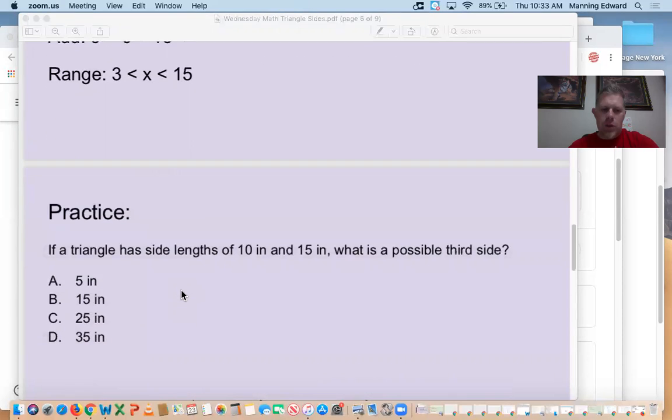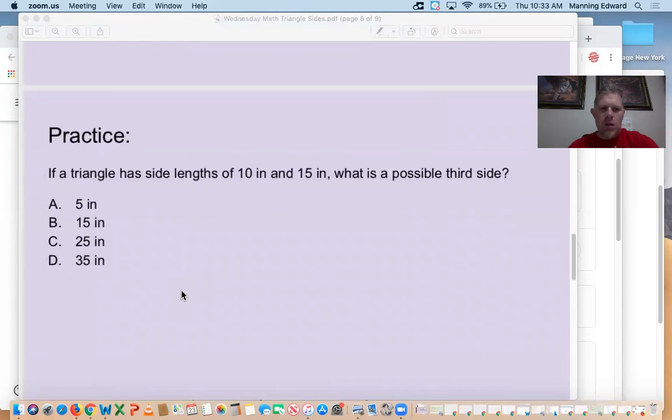All right, let's practice. If a triangle has side lengths of 10 and 15, what is the possible third side? Well, I'm going to do 15 minus 10, which is 5.